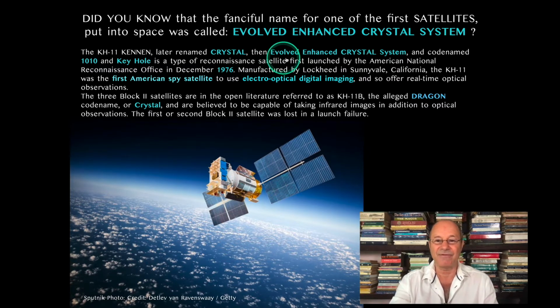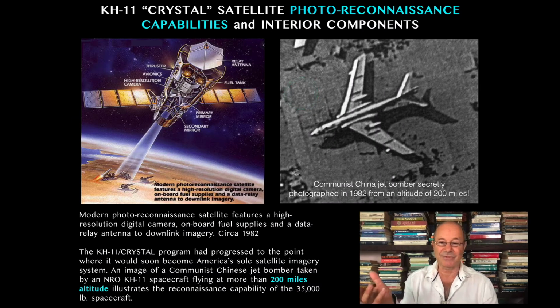It was actually called the Evolved Enhanced Crystal System. And what it did was create the first American spy satellites. We call it electro-optical digital imaging. So I just wanted to let you know that the first name of a satellite was the Crystal.